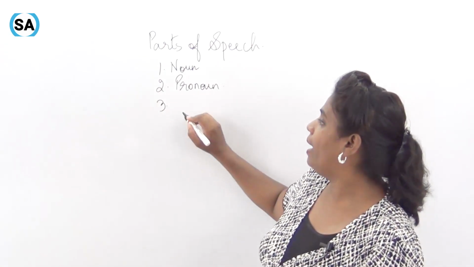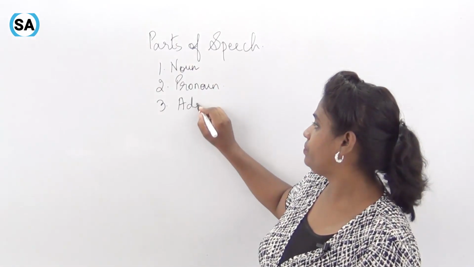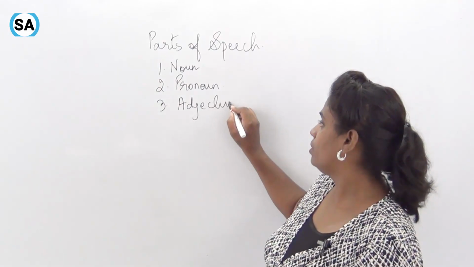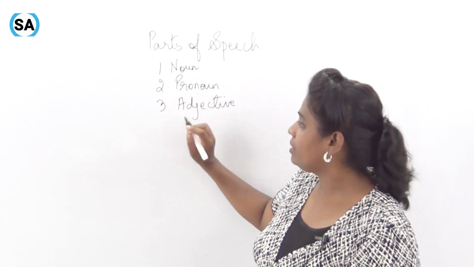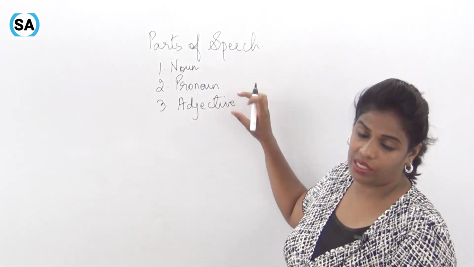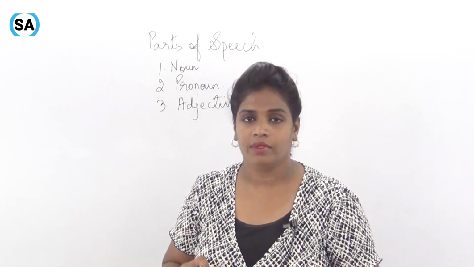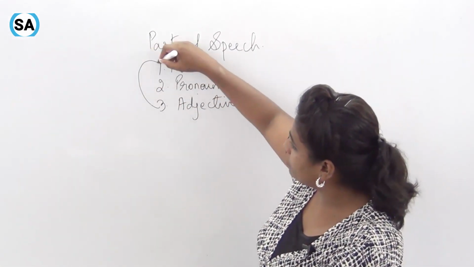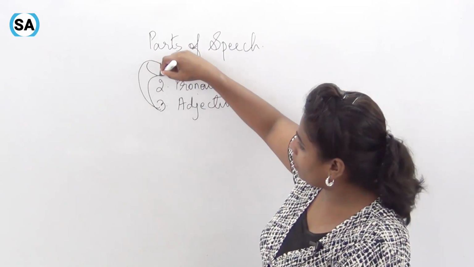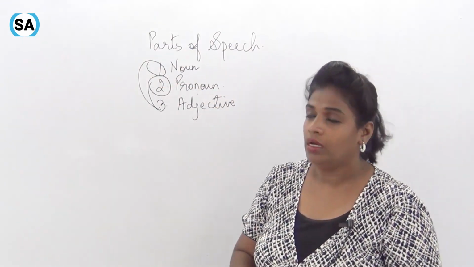Then we have adjective. What is adjective? Many students get confused between this word adjective and adverb. Now if I say adjective, adjective will talk about a noun, it will talk about a pronoun.